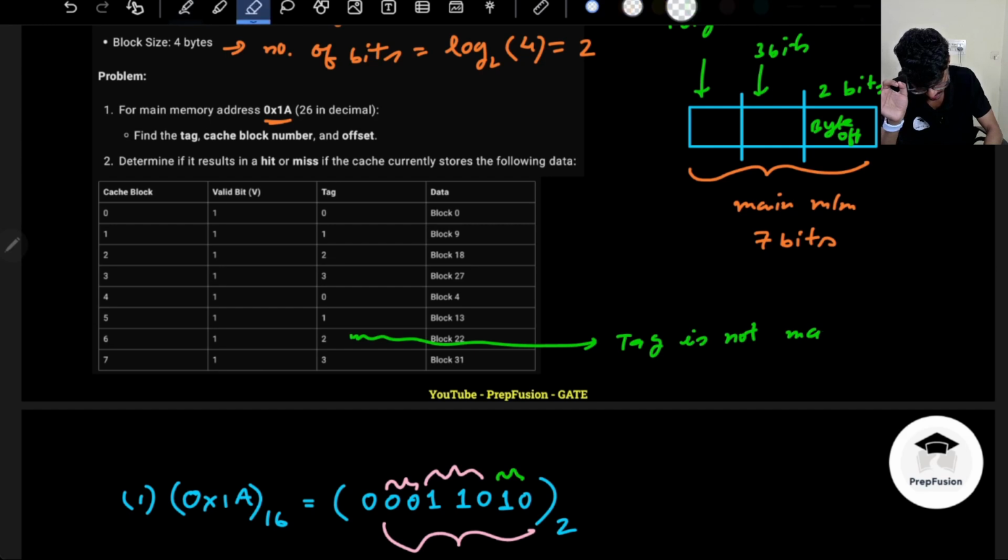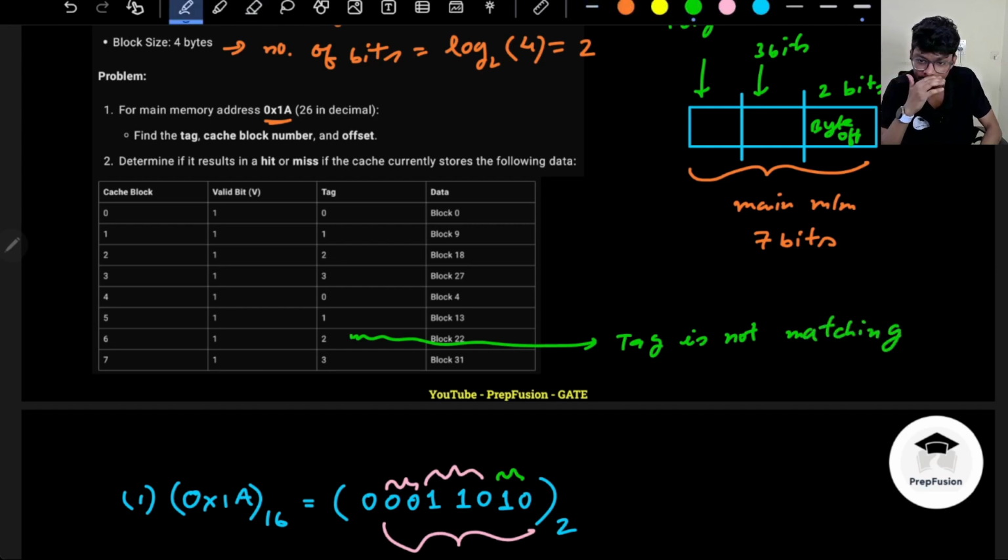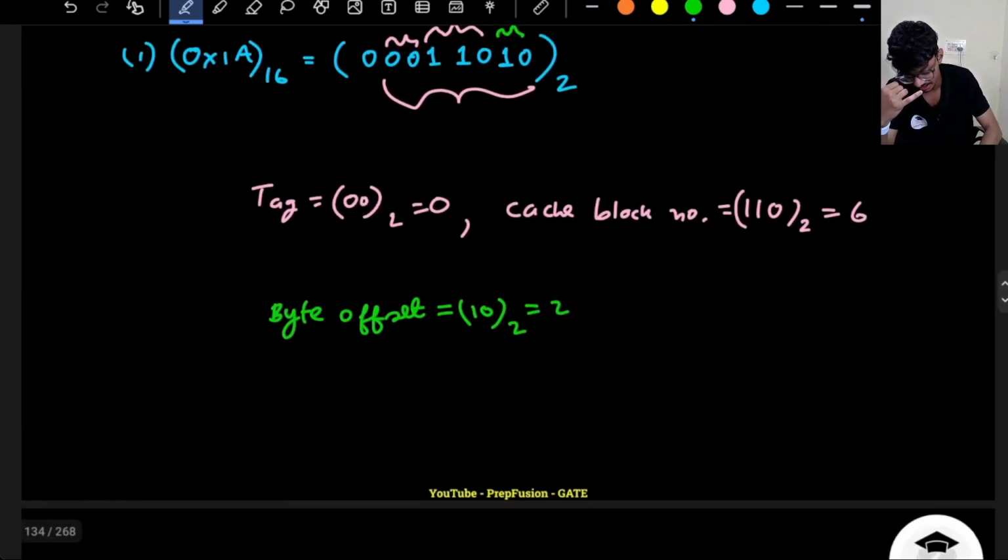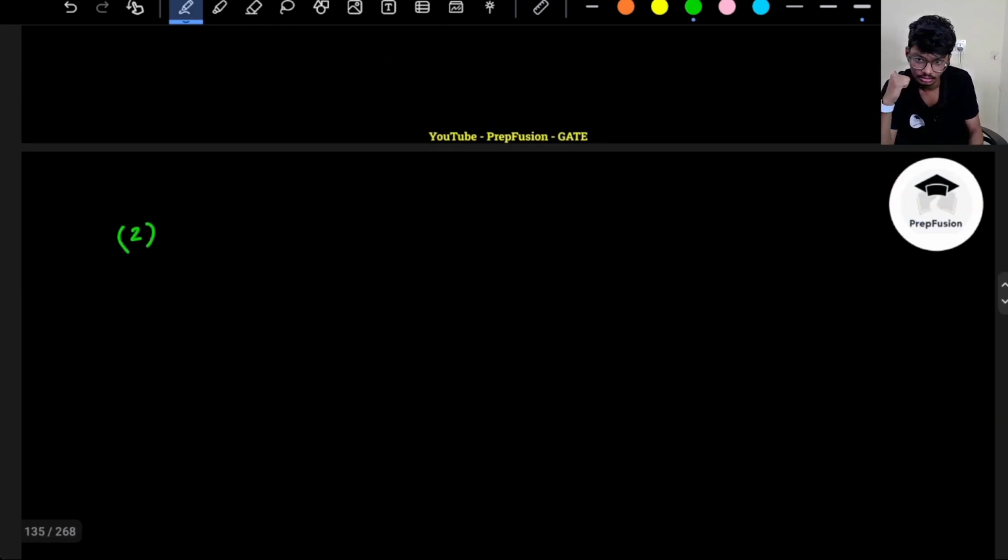So if the tag is not matching, that means what? If the tag is not matching, what do we have to do? It is a cache miss, right? We simply have to bring the data back into the cache memory.